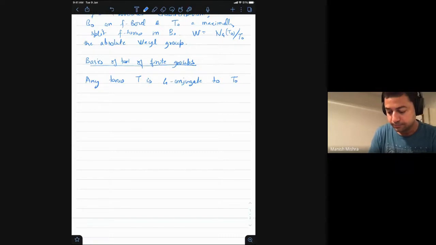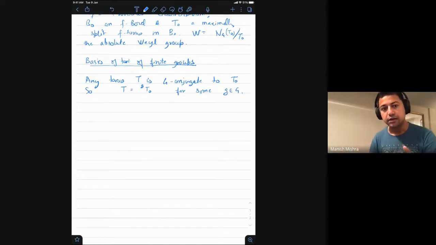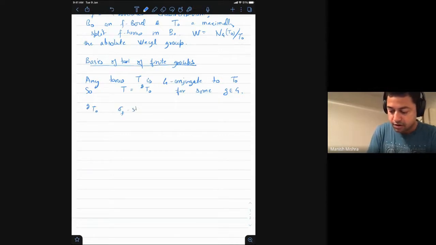So we can write T equals G T0 for some G in G. And this torus T is defined over the base field if and only if G T0 is sigma F stable, if and only if, this result is proved in Carter's book, G inverse sigma F G belongs to the normalizer of the torus.